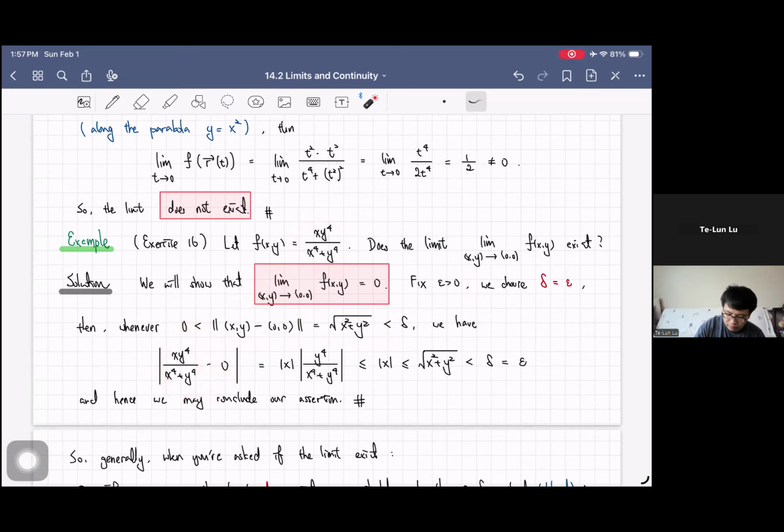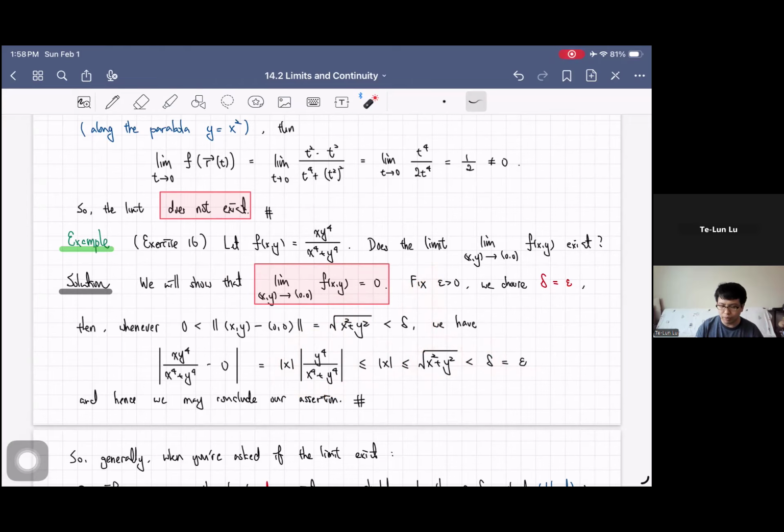If I factor out the x here, you get this times this. And this, regardless of what x and y are, is always less than or equal to 1, right? That does not depend on what x and y are. So this whole thing is less than or equal to the absolute value of x, which is obviously less than or equal to this guy. And by construction of delta, this is less than delta, which is epsilon.